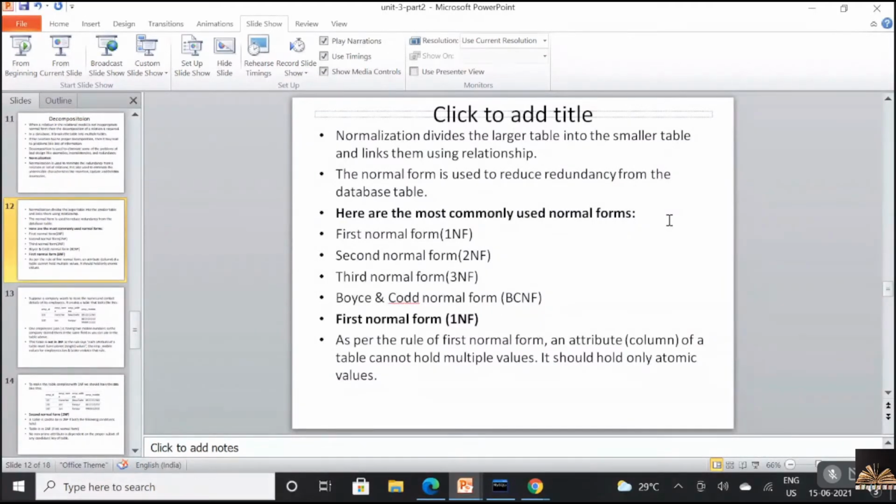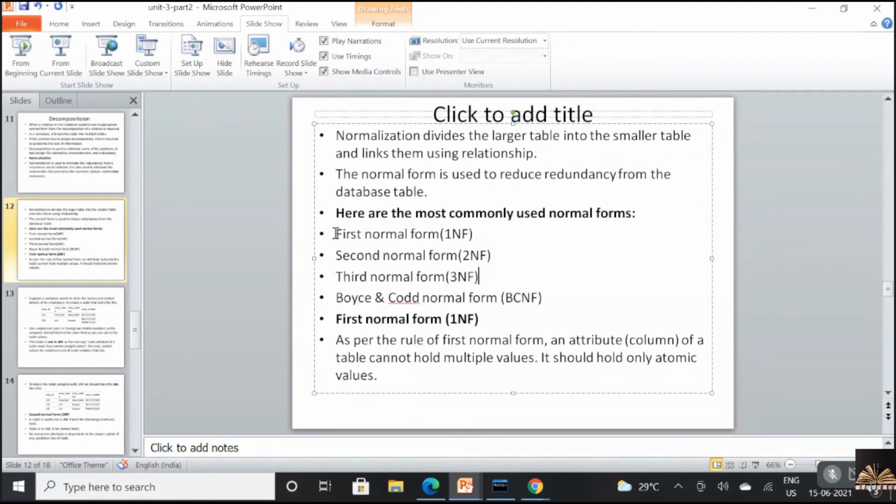The most commonly used normal forms are first normal form, briefly 1NF, then 2NF, which is second normal form, then third normal form, 3NF. From an industry point of view, we are going to work with these three normal forms, and at the most BCNF.